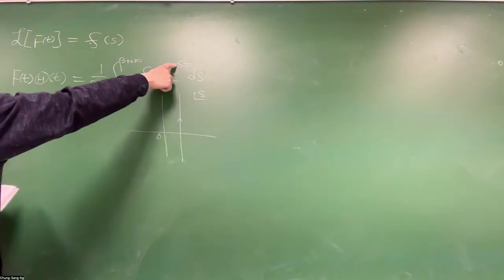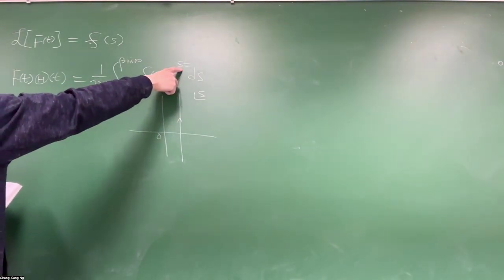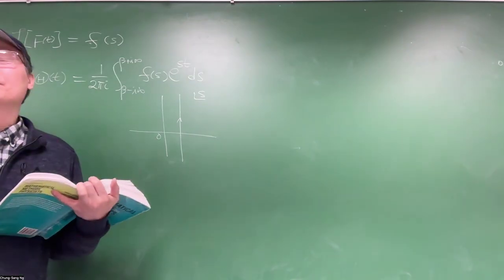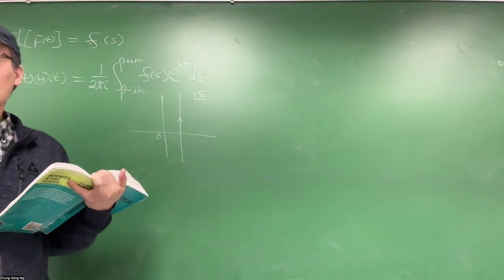It's the same, because usually you have an i here, but now you don't have an i here, so this is already an exponential function. What you require is that the argument of the exponential function is negative, and you close it on the semi-infinite circle, so that along this semicircle the integral will be 0.